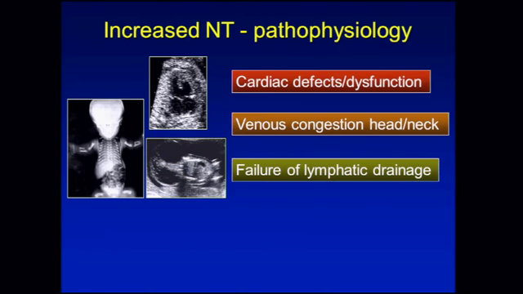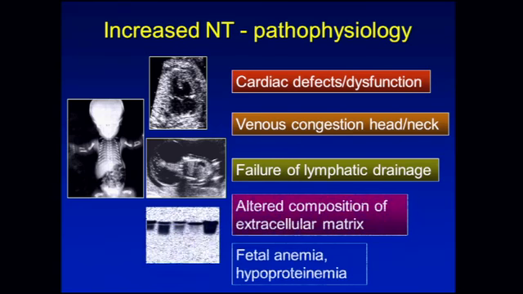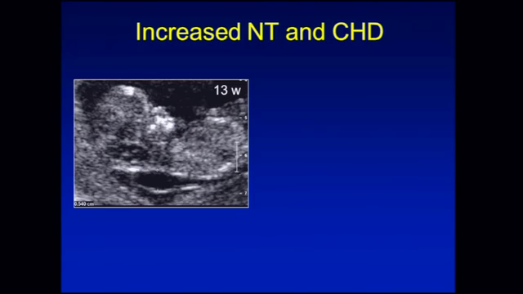Another mechanism is failure of lymphatic drainage, either because the lymphatic system is abnormal, such as in Turner syndrome, or because there is reduced fetal movements in neuromuscular disorders. And then other mechanisms include altered composition of the extracellular matrix, fetal anemia, and hypoproteinemia.